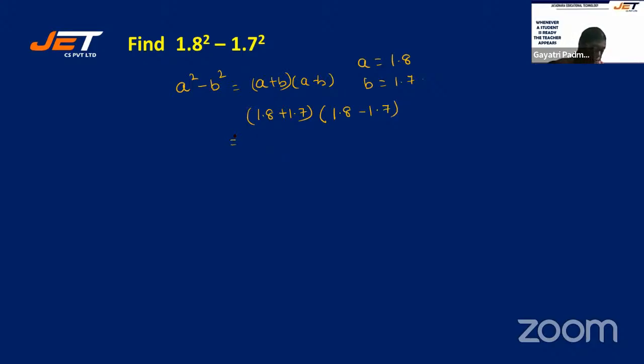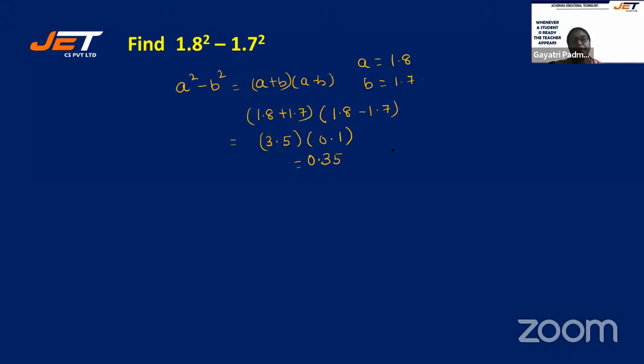Now, 1.8 plus 1.7: 8 plus 7 is 15, and 1 plus 1 plus 1 is 3, so 3.5, into 1.8 minus 1.7, which is 0.1. So 3.5 into 0.1 is 0.35.